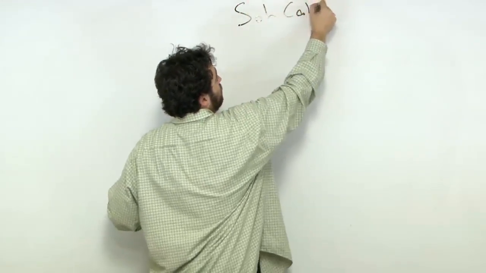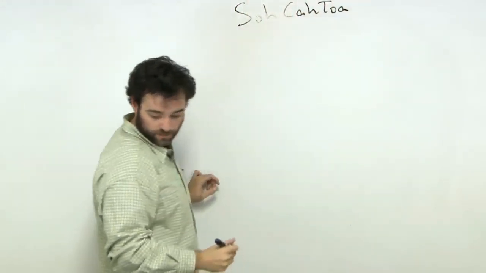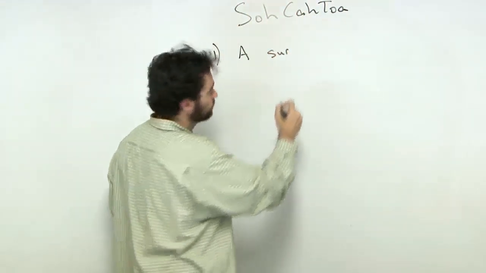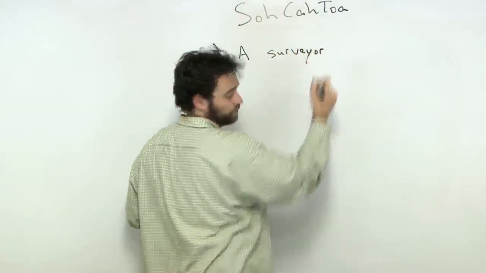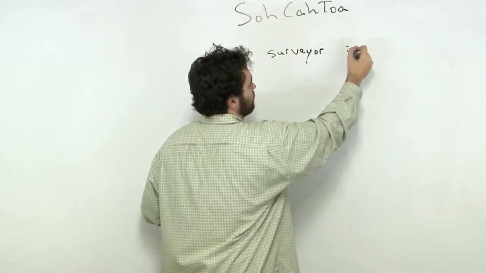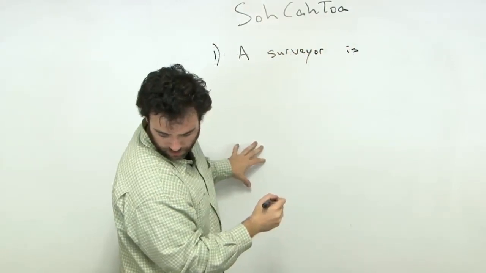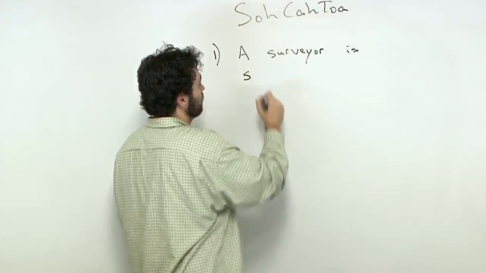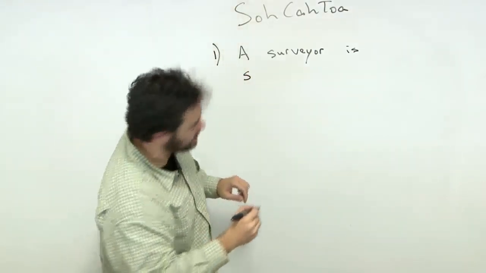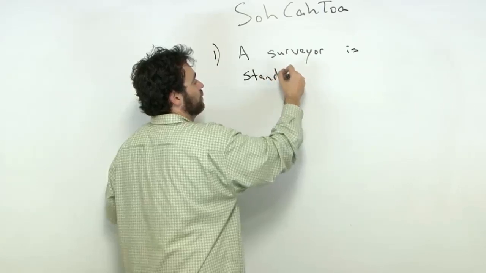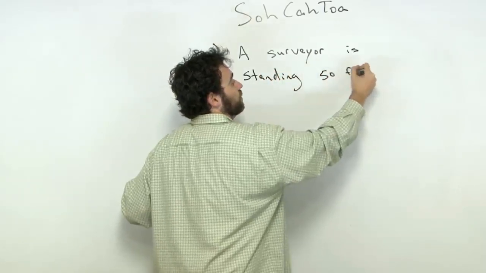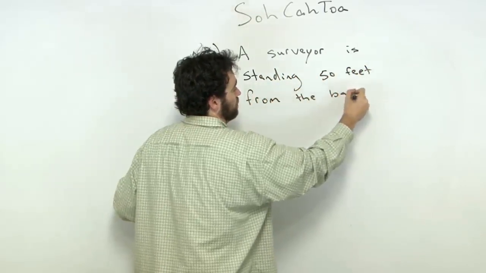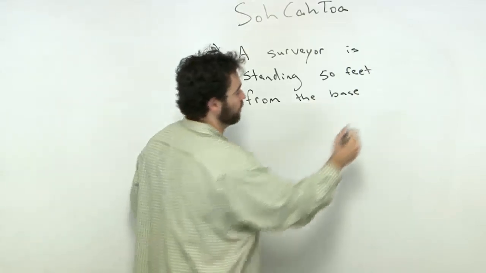SOH CAH TOA. And our first problem says, number one, a surveyor is standing 50 feet from the base of a large tree.